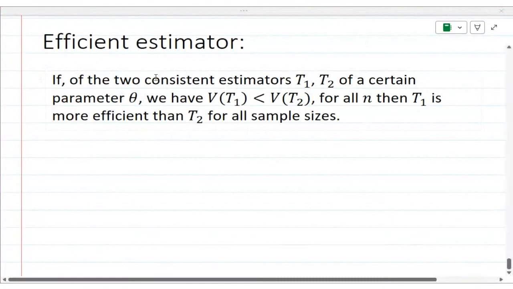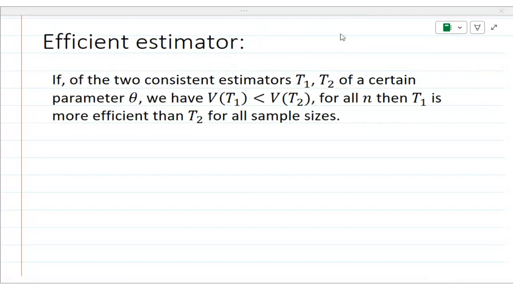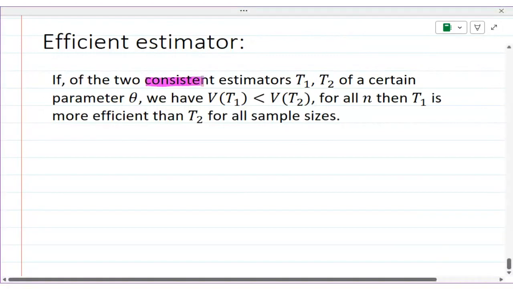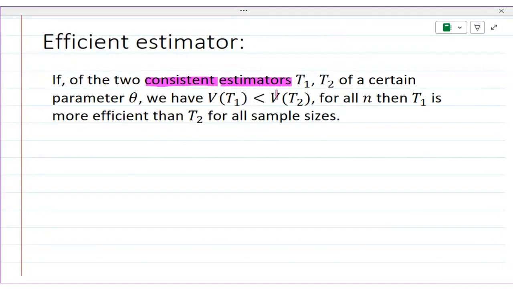We do this comparison only for consistent estimators. If they are not consistent estimators, there is no meaning in comparing the variance. So if the variance of T1 is less than the variance of T2, we will say T1 is more efficient as compared to T2.